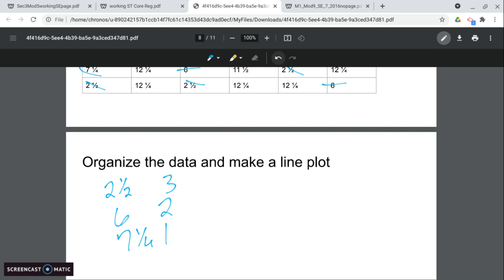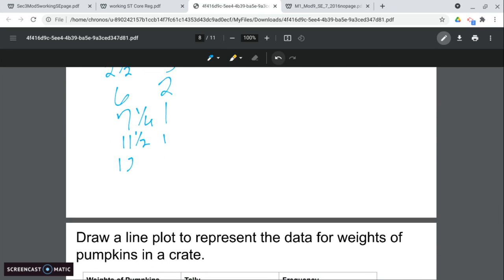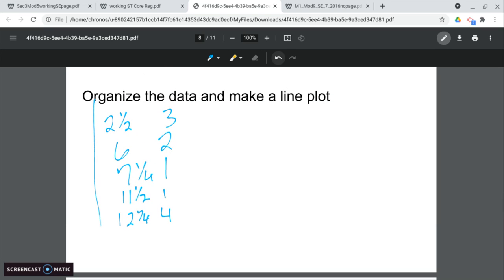We've got 11 1/2. There's also just 1. And then we've got 12 1/4. There's 4 of them. So this would be our frequency table. We'd have our data point plus how often it occurs.